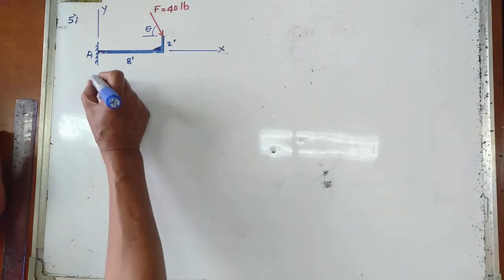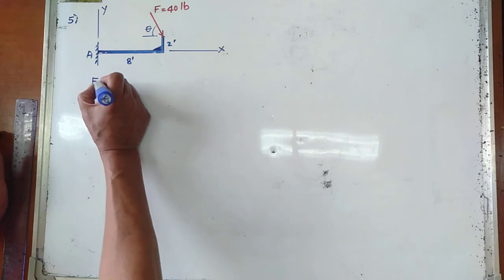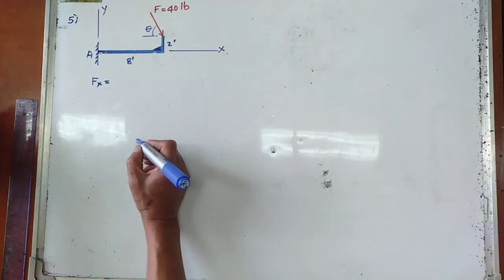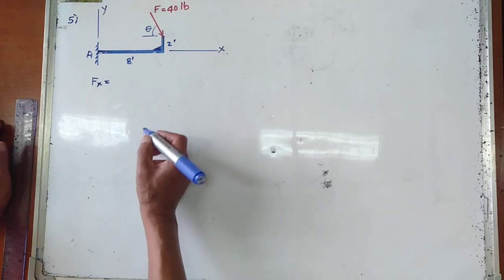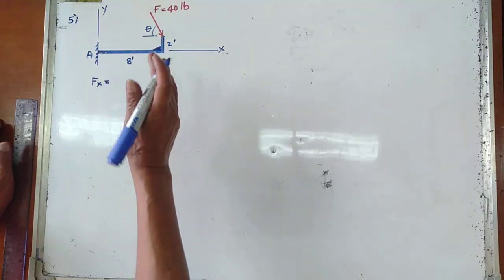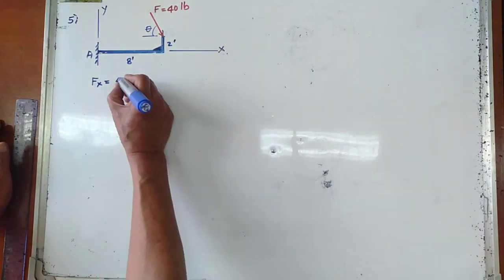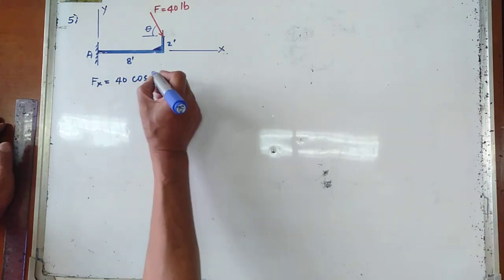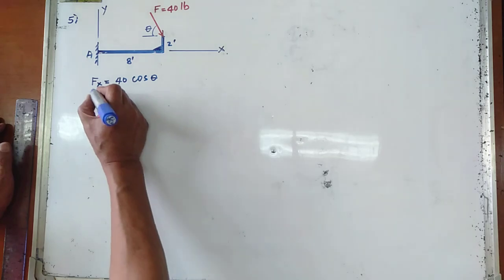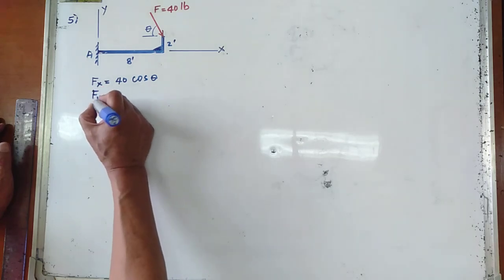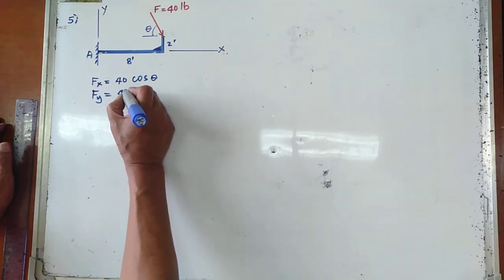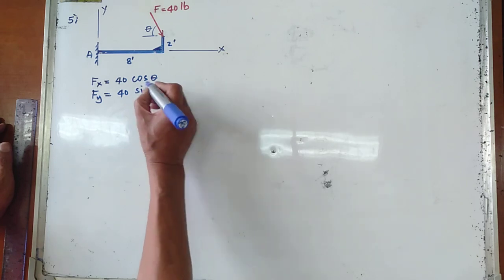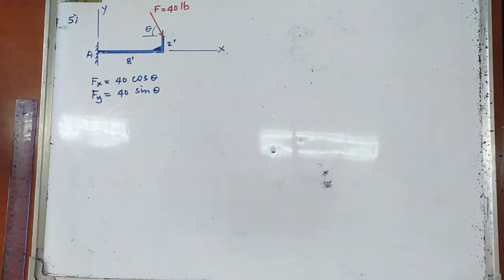Now, your Fx is equal to, so that is going to the right, 40 cosine of theta. And your Fy is equal to 40 sine of theta. So that is the component of the force F.